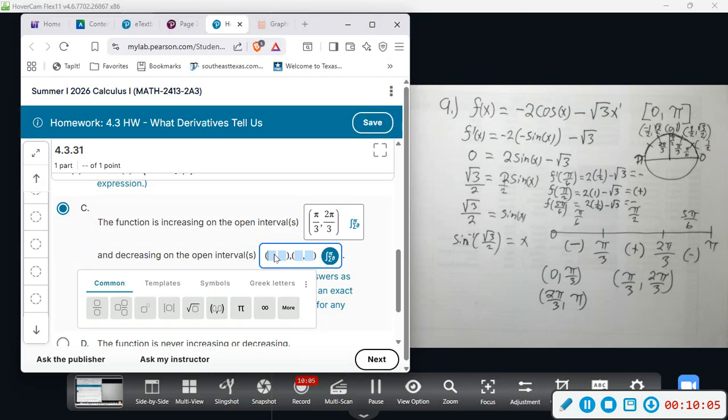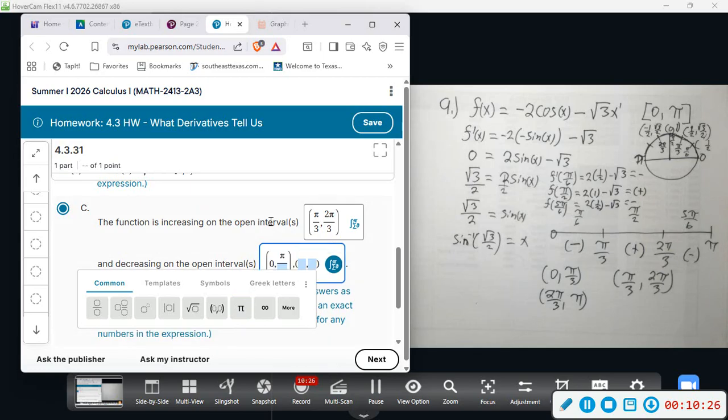So we are decreasing 0 to, I went over too much, 0 to, lost my comma, 2 pi divided by 3.